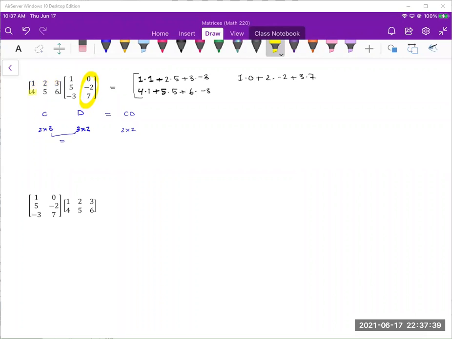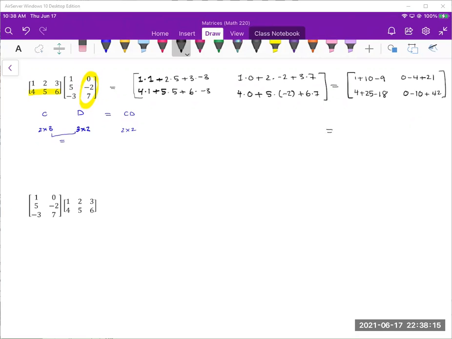To get the entry that lives in row 2, column 2, we'll take 4 times 0 plus 5 times -2 plus 6 times 7. Okay, and so this will be 1 plus 10 minus 9, 4 plus 25 minus 18, and then 0 minus 4 plus 21, and 0 minus 10 plus 42.